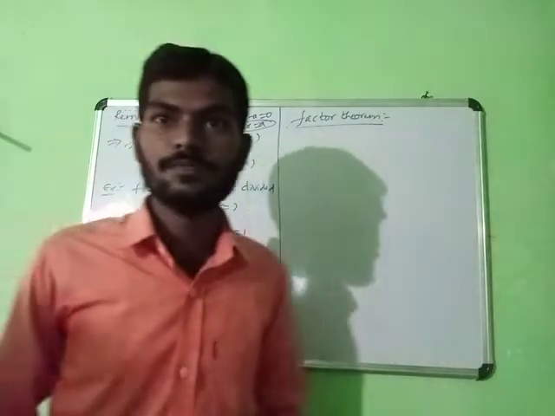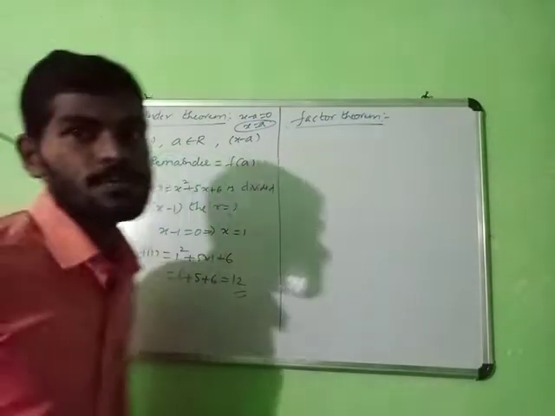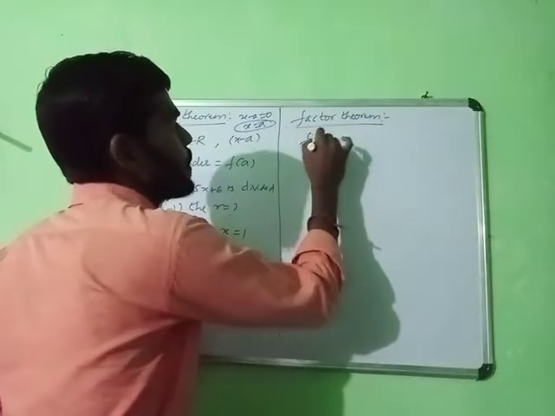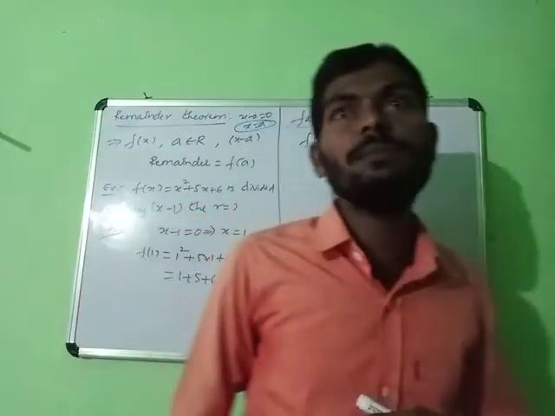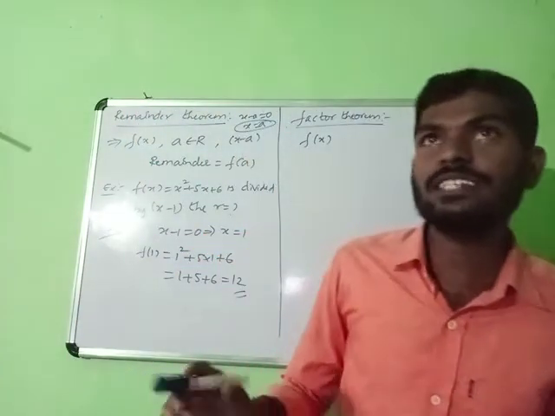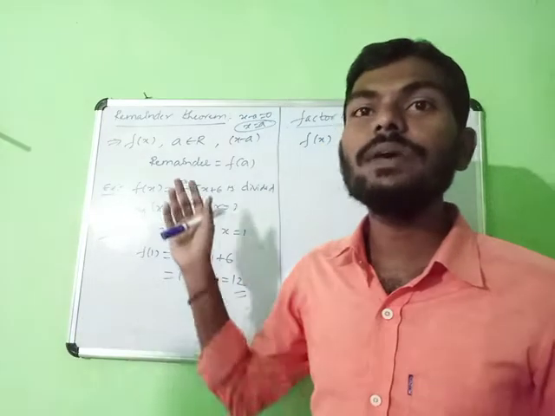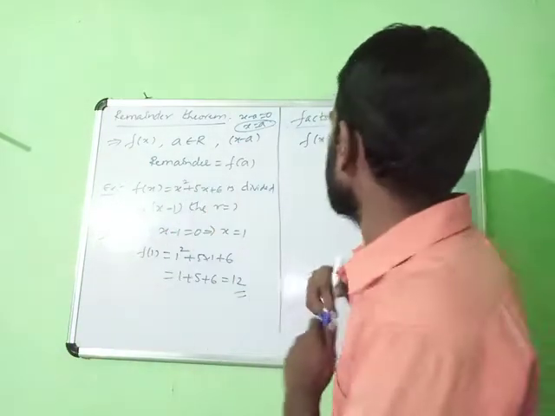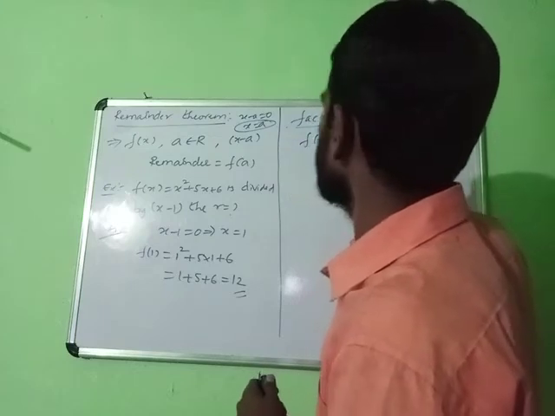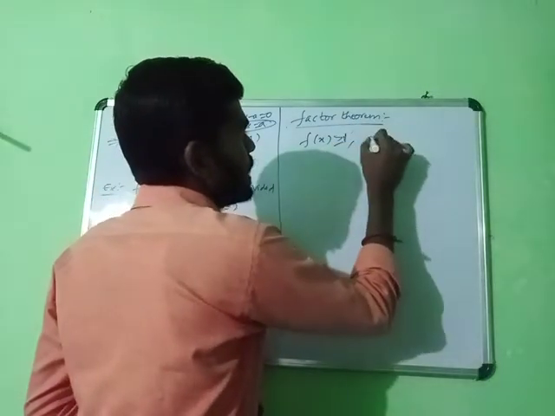12 is the remainder. Okay, and then next one is the factor theorem. Take the factor theorem. Here, f of x is a polynomial with degree greater than or equal to 1, and a is any real number.